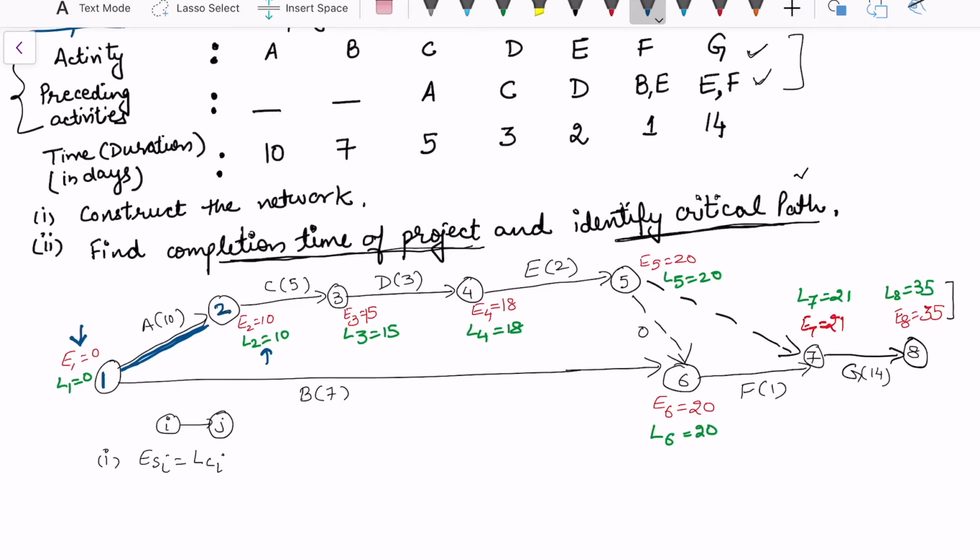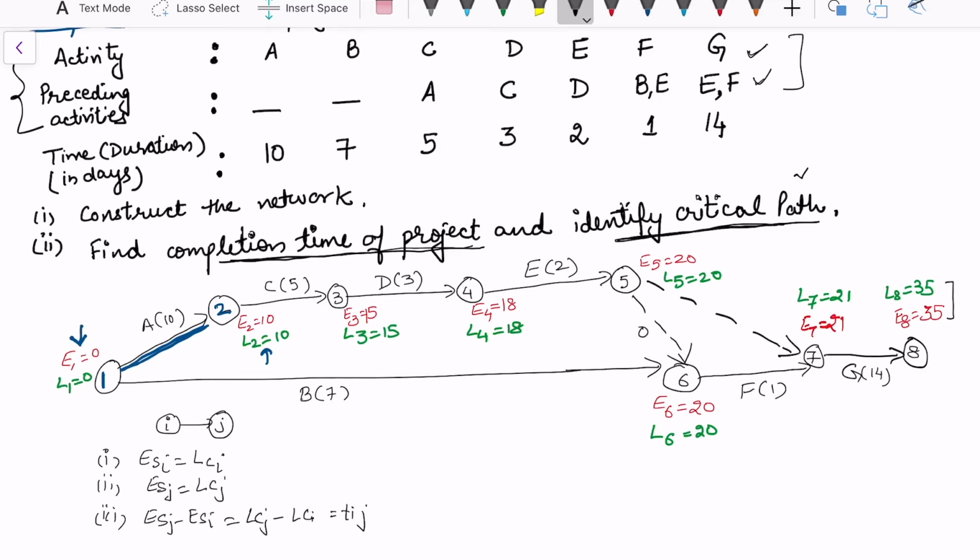The time difference E2 minus E1 is 10 minus 0, and L2 minus L1 is 10 minus 0, that is 10. So the second and third conditions are satisfied, since the difference should be equal to the time duration. So all the conditions are satisfied.